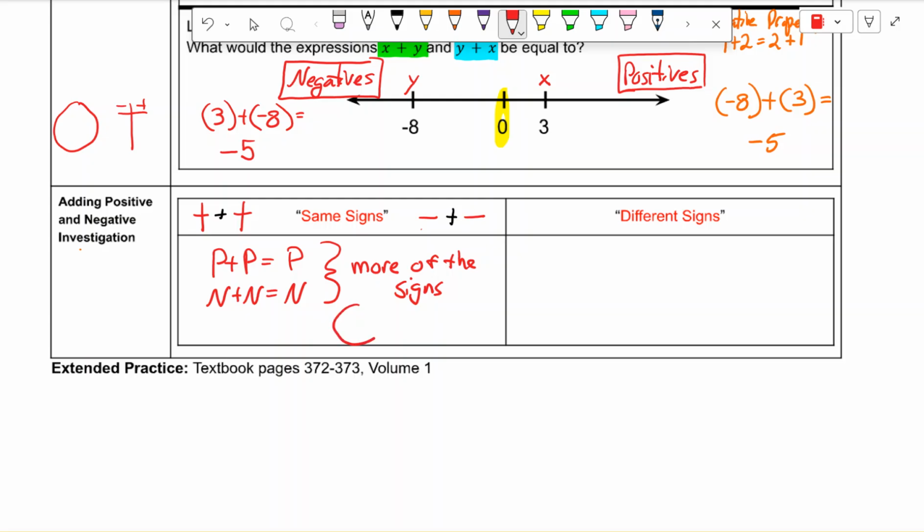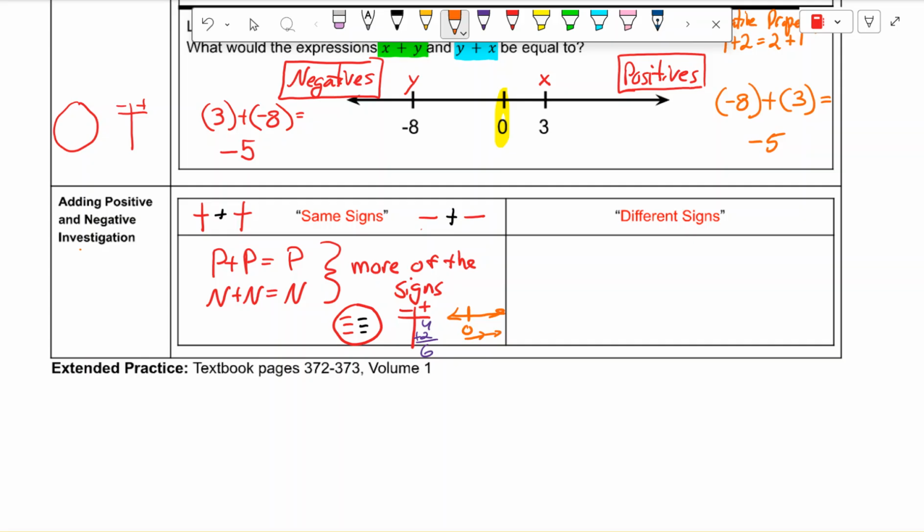And we saw that in our circles. Negatives plus more negatives gave us more negatives. We also saw that in our T-charts. Positives plus positives gave us more positives. We also even saw it in our number lines. Put 0 here. We went out positives, we went out farther, more positives, and we had more positives.